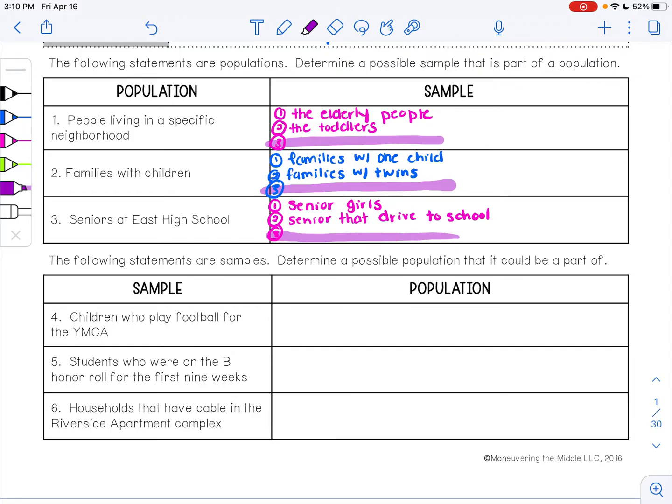Now let's do the opposite. We're going to look at some sample statements and then come up with some possible populations. So again, this isn't necessarily the only answer.